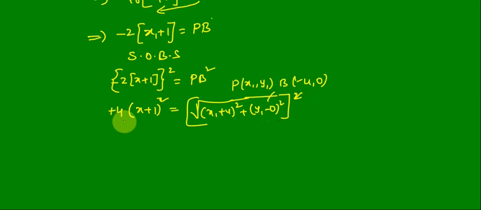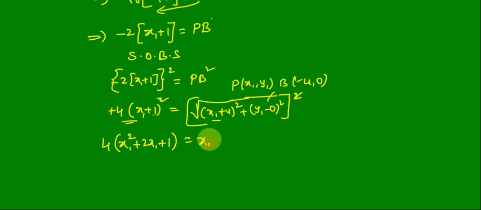On the left hand side, if you observe here, 4 into, you expand this. This is in the form of (a+b)², that is a² is x1². So this will become x1² plus 2ab, that is 2 into x1 into 1, plus b² where 1 squared is 1 only. That will be equal to, here also (a+b)² format.